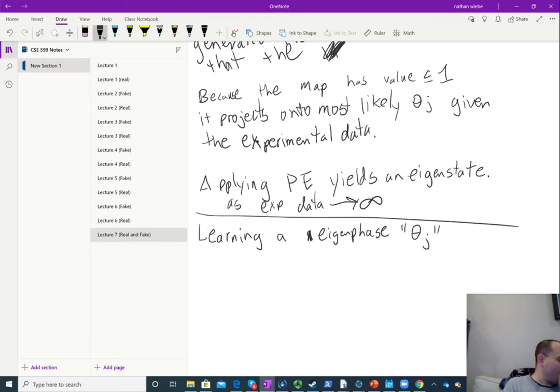Well, the simplest way of doing this is actually just to infer what the value of theta j is. So, we can do that actually just using Bayesian inference.